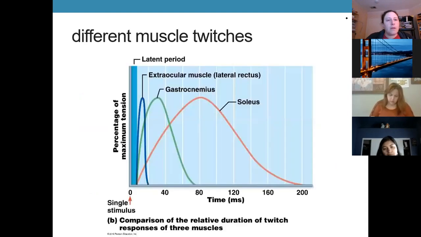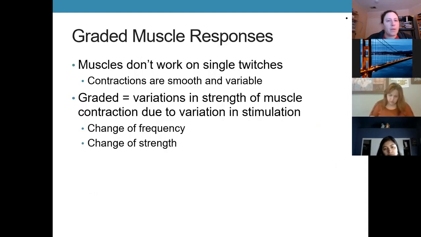All right, so wave summation is about this idea of a graded muscle response. This is where we start to see that in reality, we're not working with single muscle fibers or even single motor units.